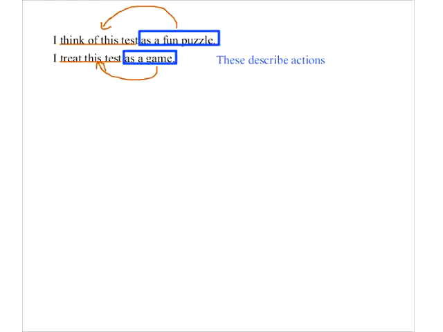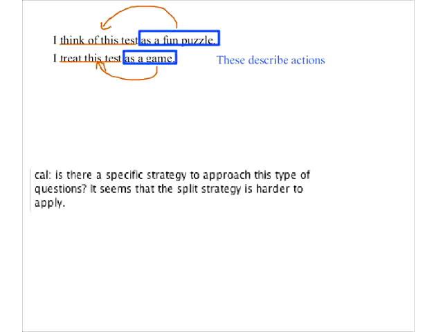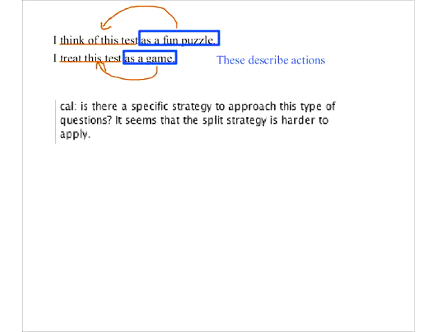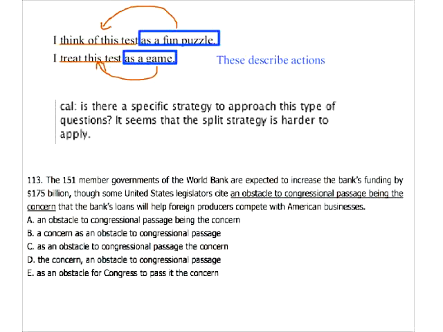Okay. Let's address this question. It's in the box here real quick. Let's make this the last one before we move on. I mean, this question here, is there a specific strategy to approach this type of question? It depends on what your understanding is of when you say the split strategy.